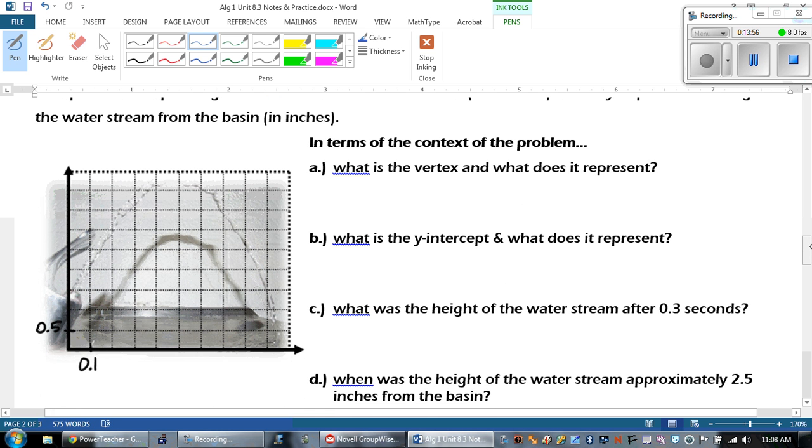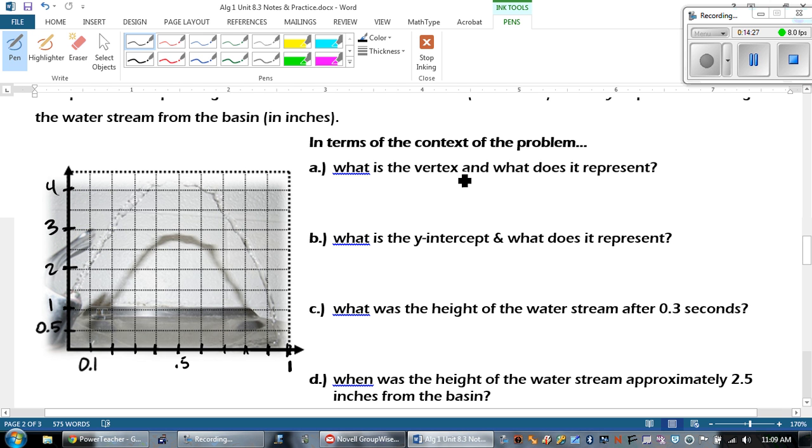Okay, so once again, I'm just going to go through and label this: 0.1, 2, 3, 4, 0.5, 0.6, 0.7, 0.8, 0.9, and that's going to be 1. This one's going to be 2, that's going to be 3, and that's going to be 4. Okay, so I like to go through and label everything.